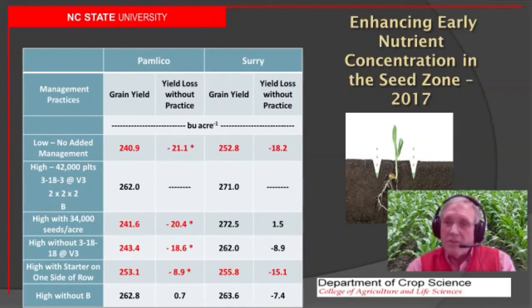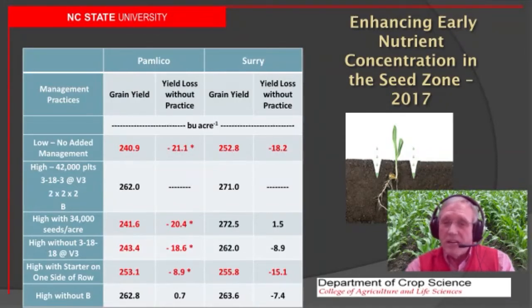Here's some earlier data for 2017. We tested in 2017, 18, 19, and again this last year. The reason I'm using this chart is because it defines some of the differences we've seen, anywhere from 8.9 bushels to 15 bushels in difference between using it on both sides of the row, which is what that high was there.